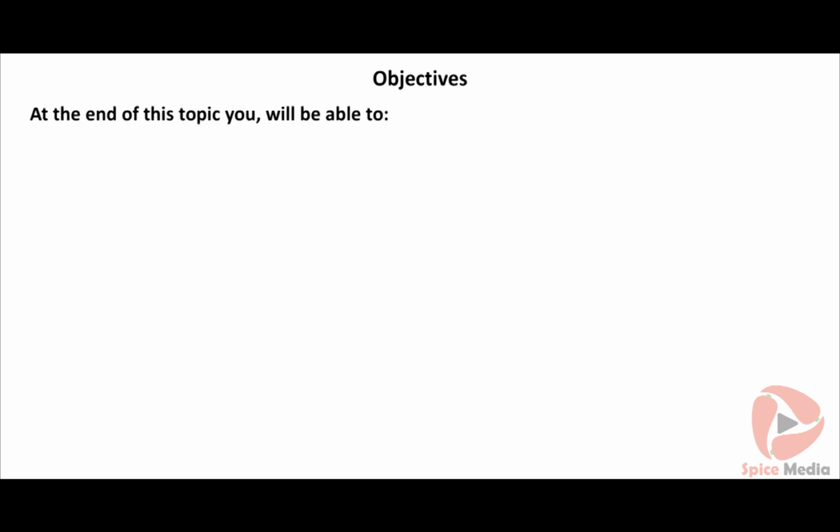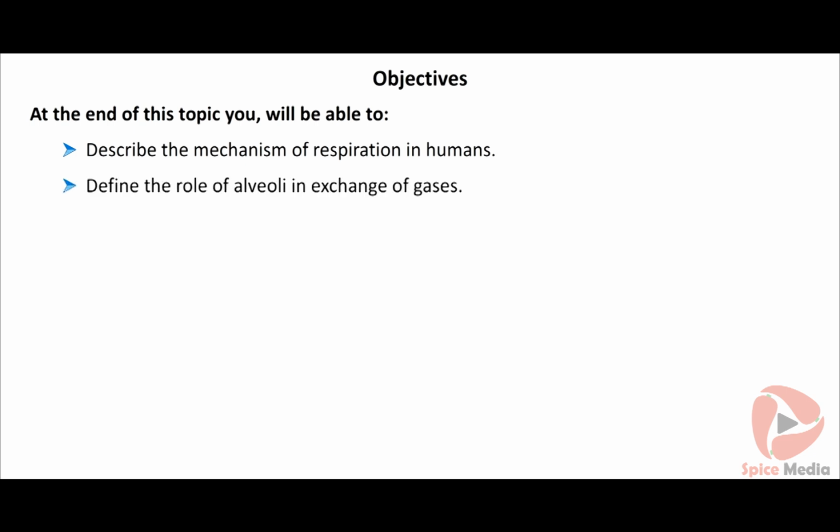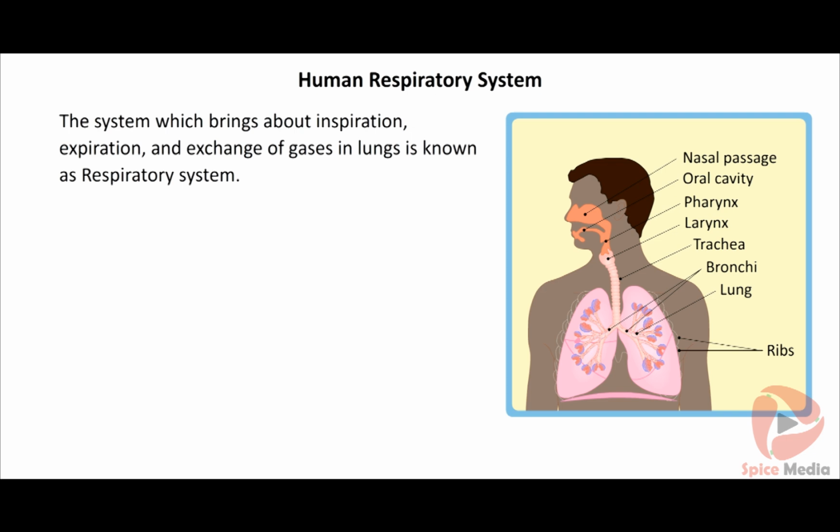At the end of the topic, you will be able to describe the mechanism of respiration in humans, define the role of alveoli in exchange of gases, and discuss the rate of respiration. The system which brings about inspiration, expiration, and exchange of gases in lungs is known as the respiratory system.